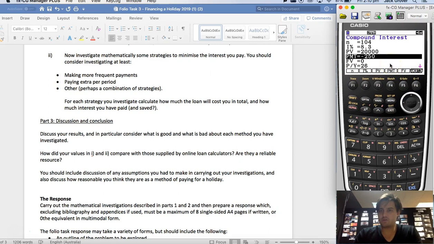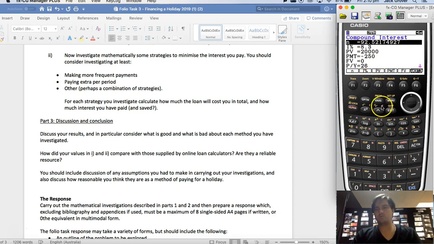Now, what we will do here to investigate the effect that has on our loan is solve for our end value, because our end value tells us how much time or how many periods our loan is going to take. So if we solve for that, we see there, we'll round up to 93 payment periods. So 93 fortnights.